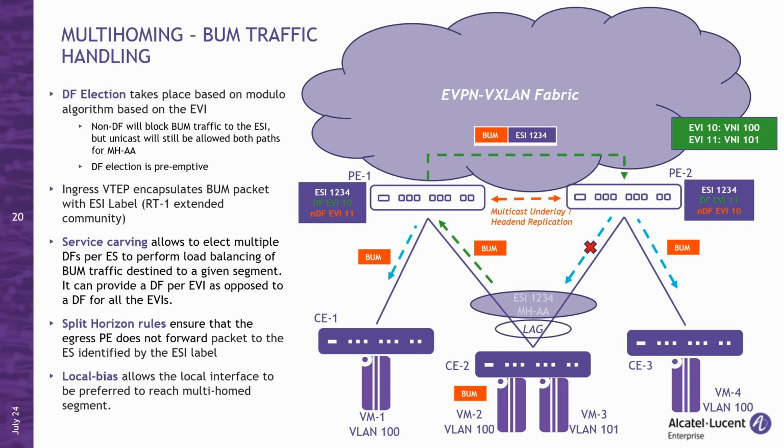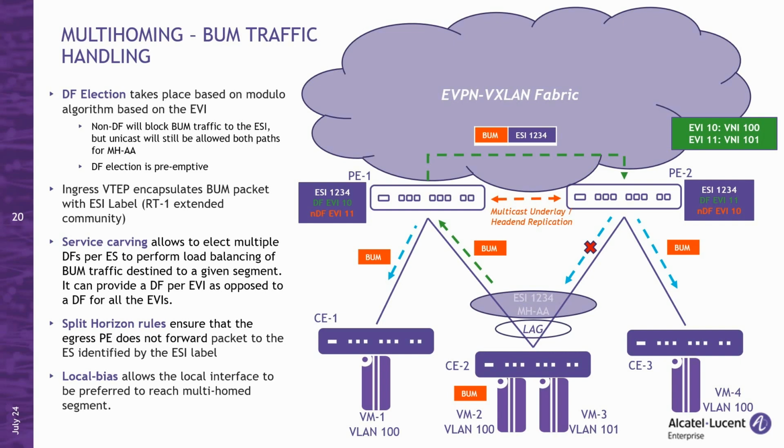By default, the designated forwarder election is preemptive, so it is recalculated when a PE is added to the candidate list. Unicasts will still be allowed on both paths for all active multi-homing, but only the non-designated forwarder will block the BUM traffic. In this slide, for example, PE1 is elected the designated forwarder for EVI 10. Any remote BUM traffic coming into PE2 for that service is not flooded into the Ethernet segment, since it's not the designated forwarder for that EVI.